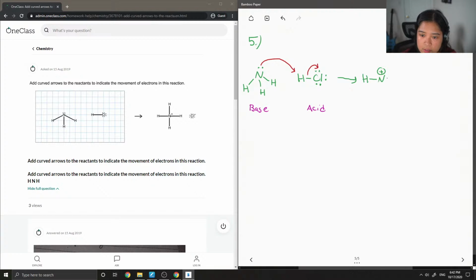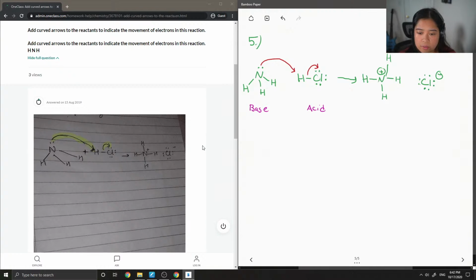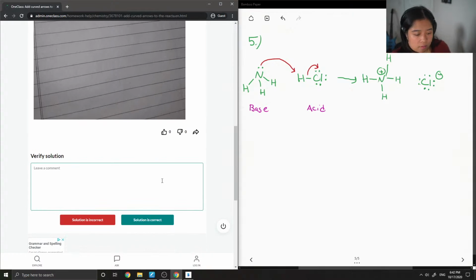So now there's a positive charge on the nitrogen. So the chlorine has an extra electron now, and it has a negative charge. Let's see the answer. Yep, so same thing. The lone pair attacks the hydrogen, kicks off the chlorine, and then you're left with that as your final product. So this solution is correct.